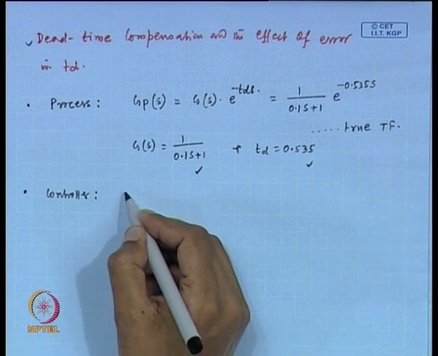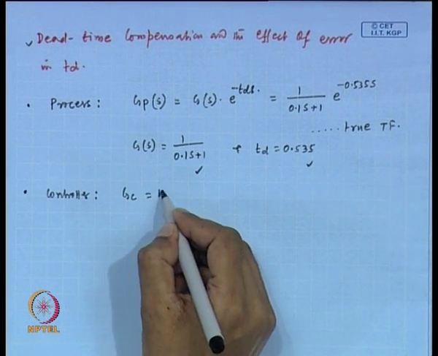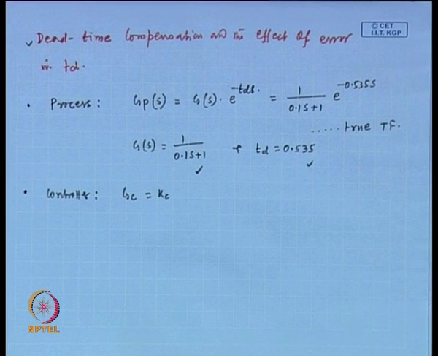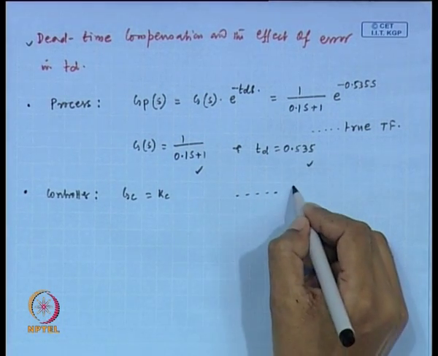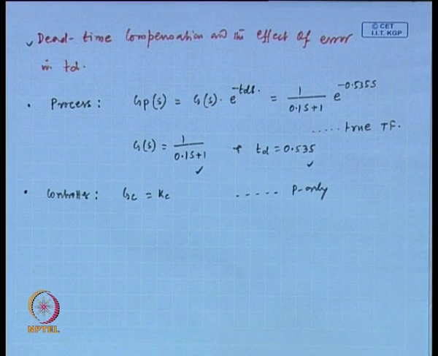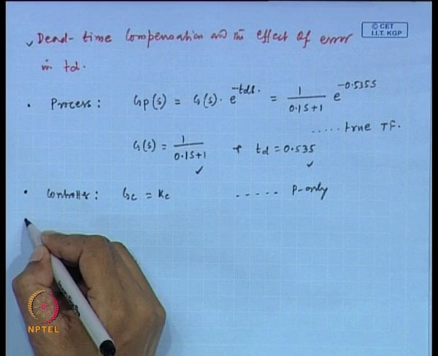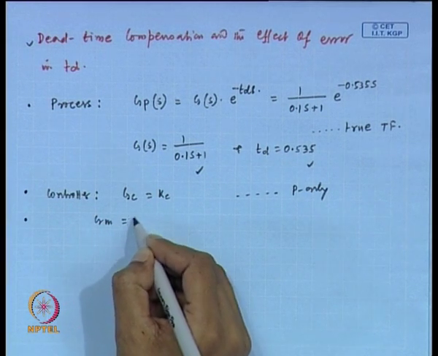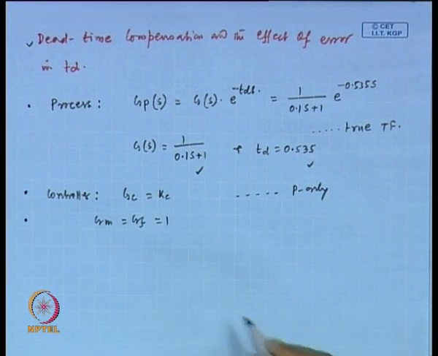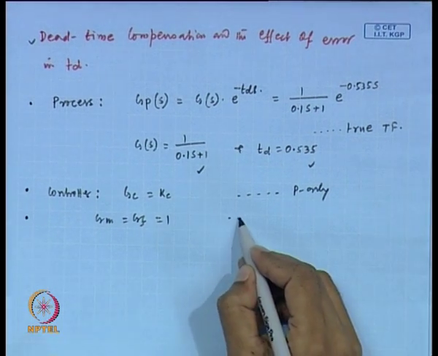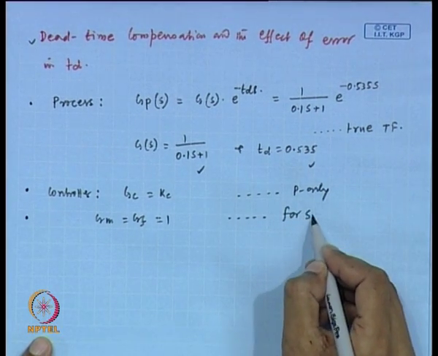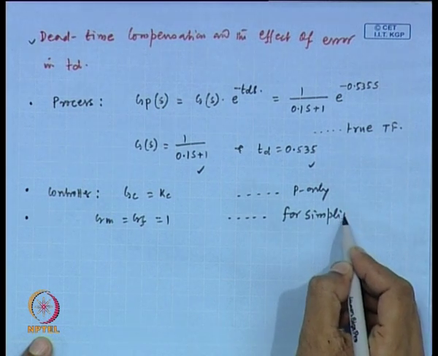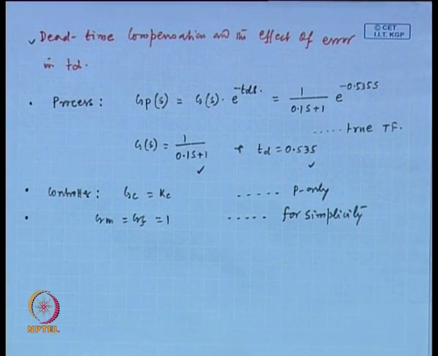So, controller transfer function we can write as Kc. This is P only controller. We will consider here both Gm and Gf equal to 1, for simplicity.